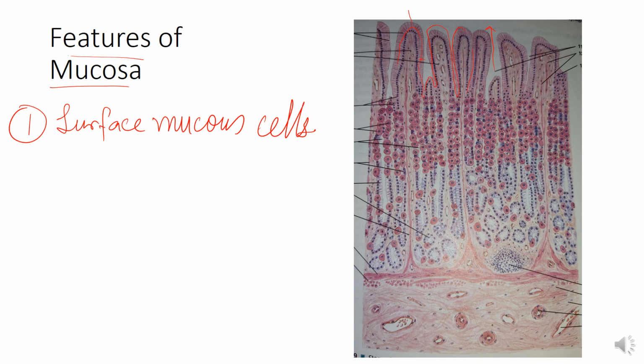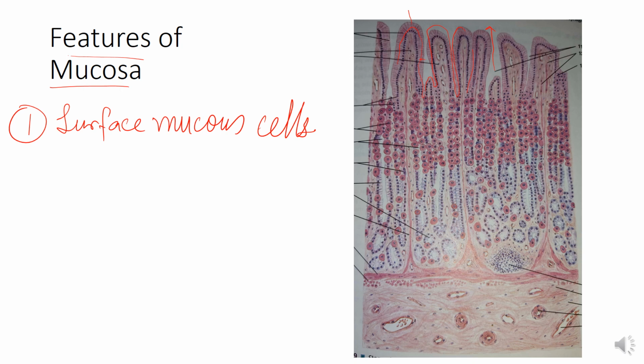And as I have told you, these cells secrete thick, adherent, highly viscous mucus, which is rich in bicarbonate ions. And this mucus protects from the luminal food as well as the corrosive effect of the acid, which is produced by the gastric glands, which are lying in the lamina propria.